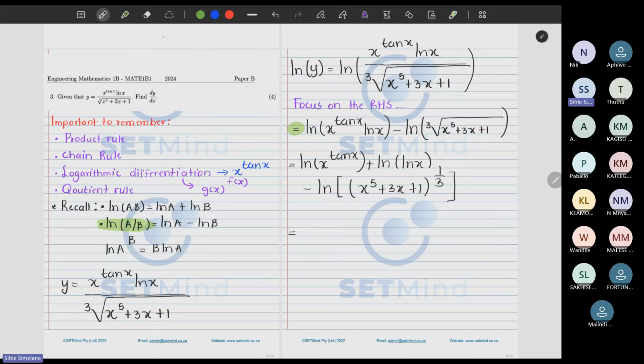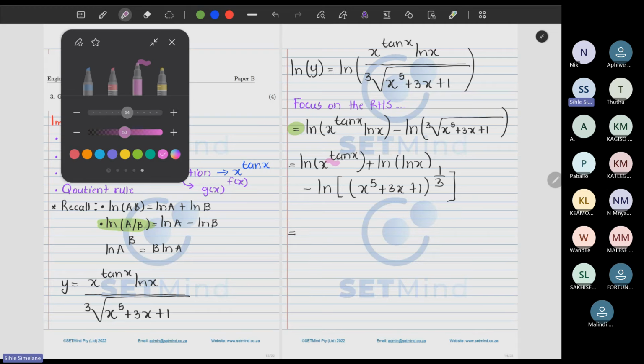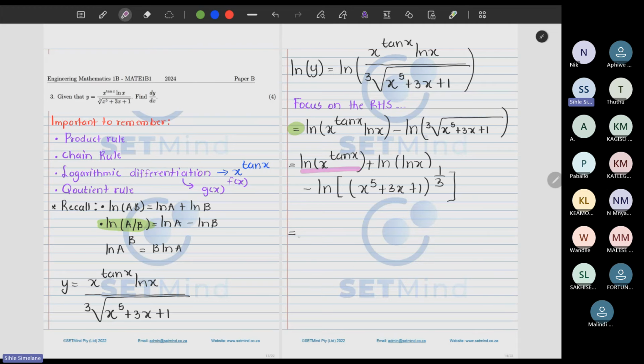So when we look at the first part, guys, which is this, I'm going to make it in pink. That first part further simplifies because I have this law now where I can drop the power. So I can have tan x into ln x. And then plus I have that ln of x. I'm very happy. And then now I can drop even the power, which is that 1 over 3.